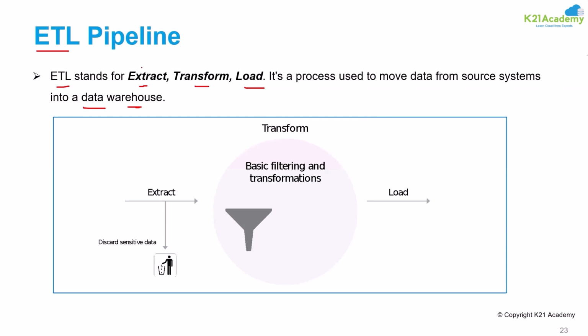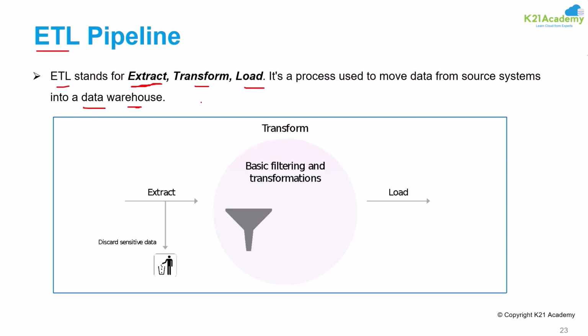First of all, let us try to understand what these three important aspects are whenever we are talking about anything related to data. Extract. We will be learning about different data sources in the coming slides. You may have multiple sources from where you may be collecting the data.